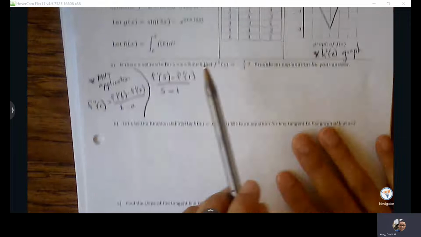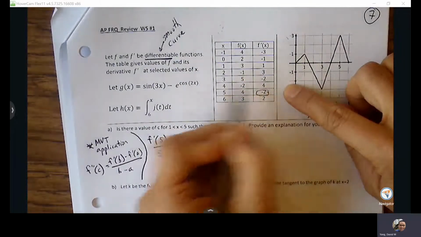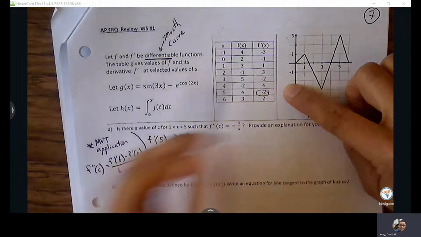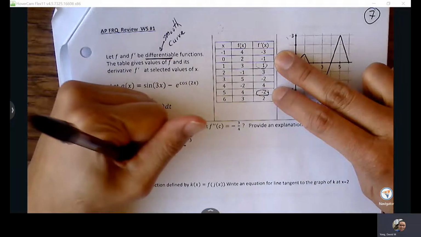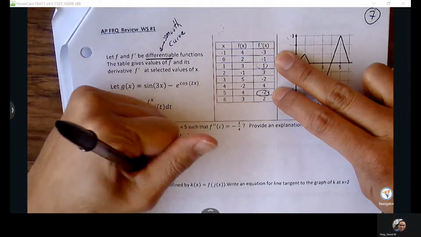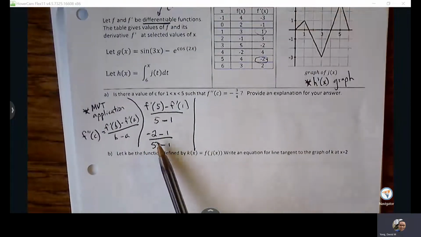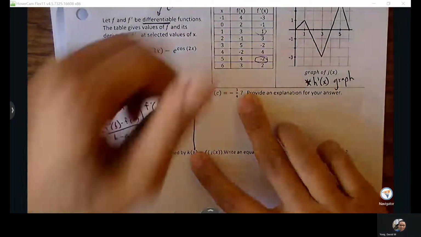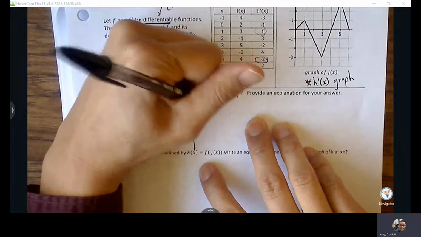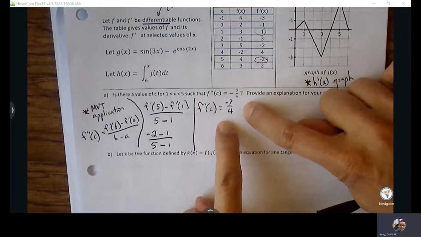So f prime of 5, we go to our table. f prime of 5 is -2. f prime of 1 is 1. And if we reduce those values, we get -3/4, so that does match. The slope between the endpoints is -3/4, so we're able to get this to be guaranteed, right?